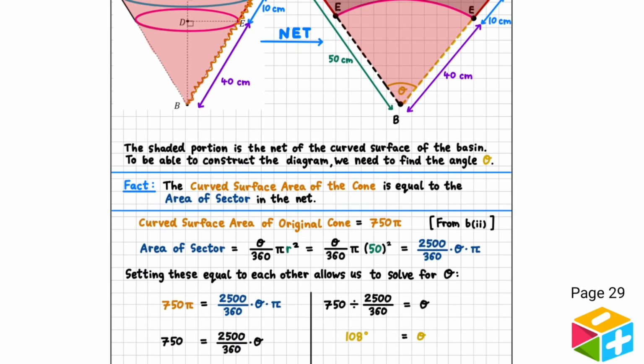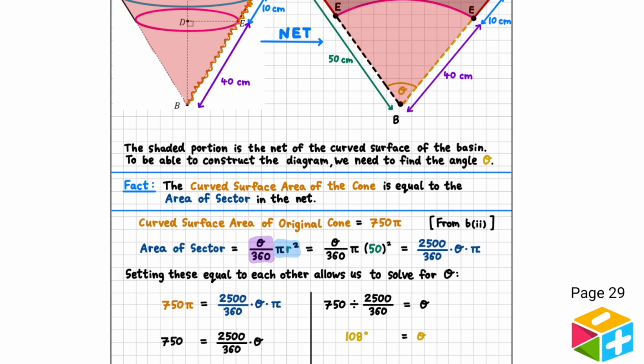If you consider the full 360 degrees of a circle, the area of the circle is pi r squared. If you don't have the full circle, but instead have theta out of the 360 degrees, well then you'll have theta over 360 of the area.